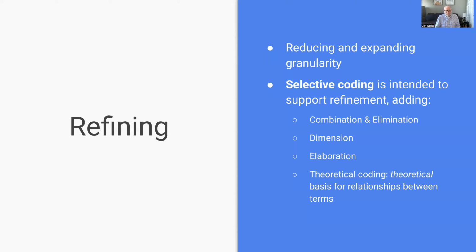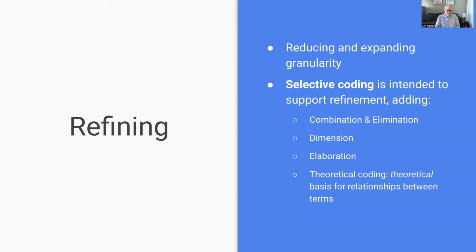As you move through your data and you finish up coding everything, you begin to see that there are some categories that occurred with such a low level of frequency that it may not necessarily make sense to keep them in your framework. And so you may want to eliminate them or combine them.